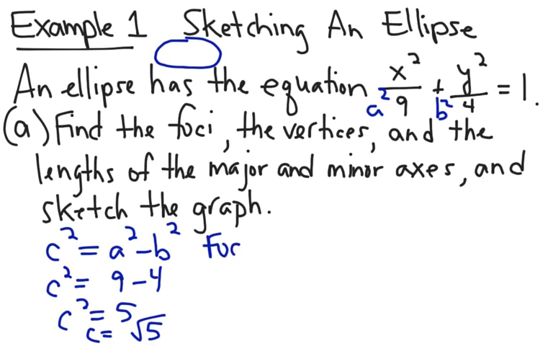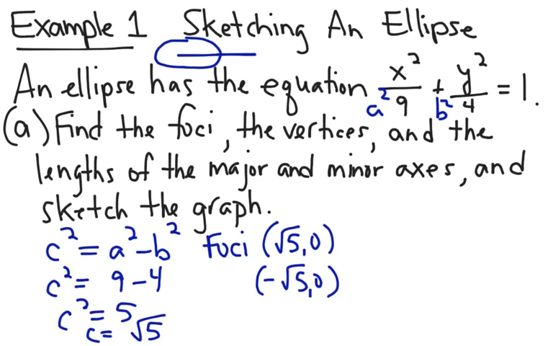So the foci must be at square root of 5, 0, and negative square root of 5, 0. Next, let's find the vertices. When you draw this ellipse, and the foci are here and here, the vertices, we only care about the ones on the major axis.